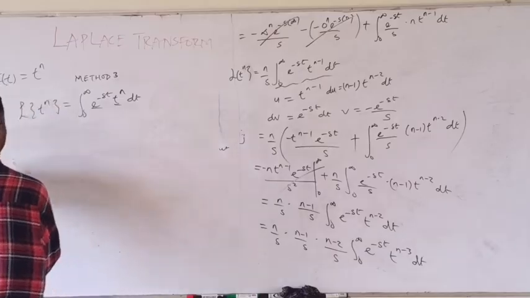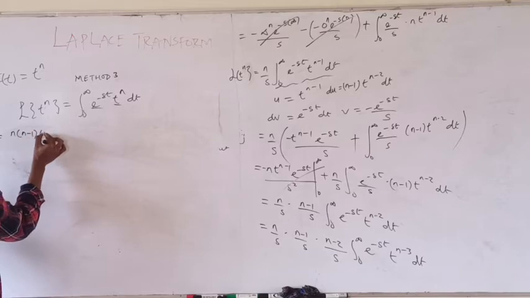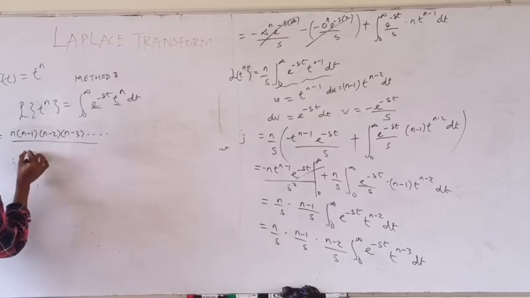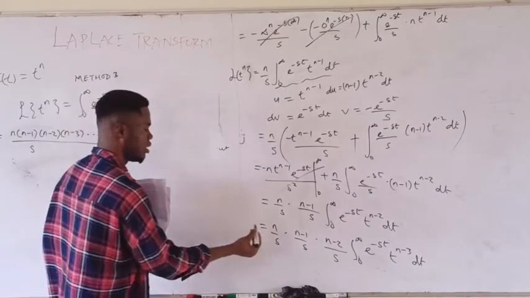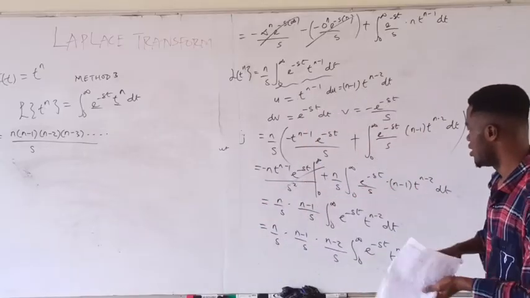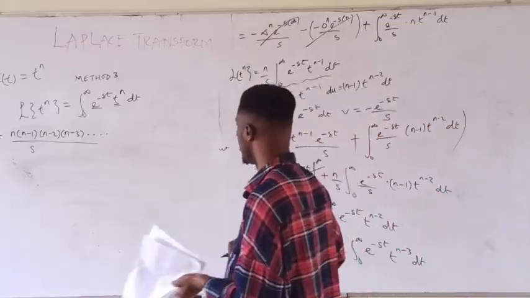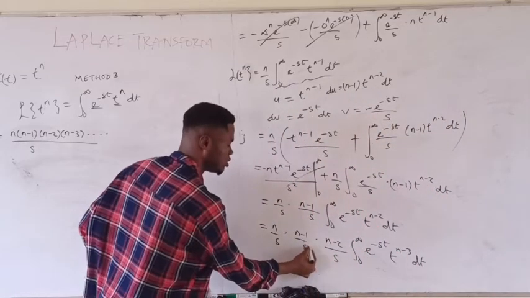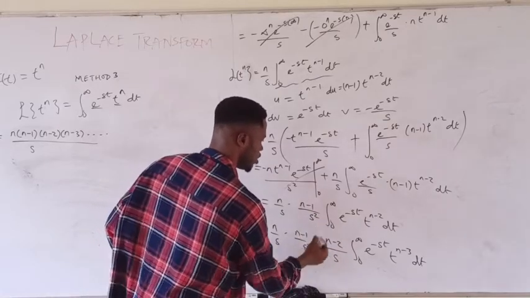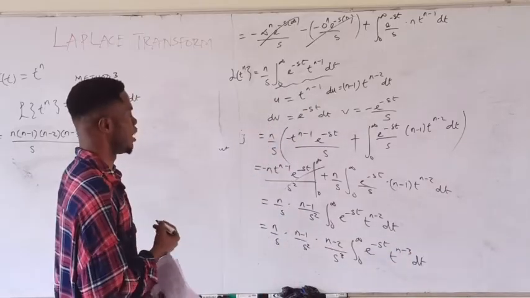On the numerator, I'm having n into n minus 1, n minus 2, and n minus 3 till the end, divided by s, and the s is increasing by 1 each time. This should be s squared, and this should be s cubed. The s will be increasing by 1.